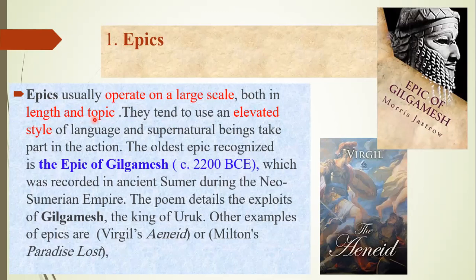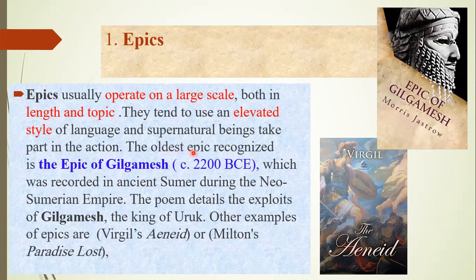So they are long and they work on a large scale in both length and topic. And they tend to use an elevated style of language, and supernatural beings take part in the action. And by supernatural beings we mean the ghosts and the witches and other supernatural things.